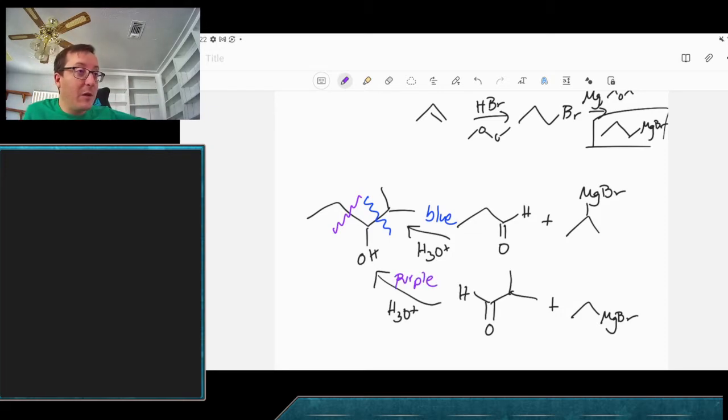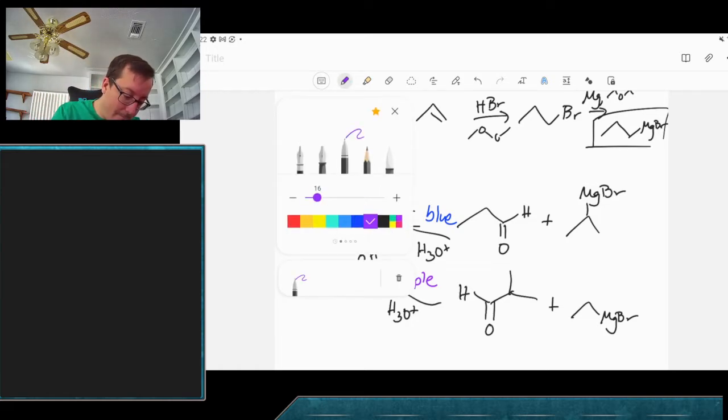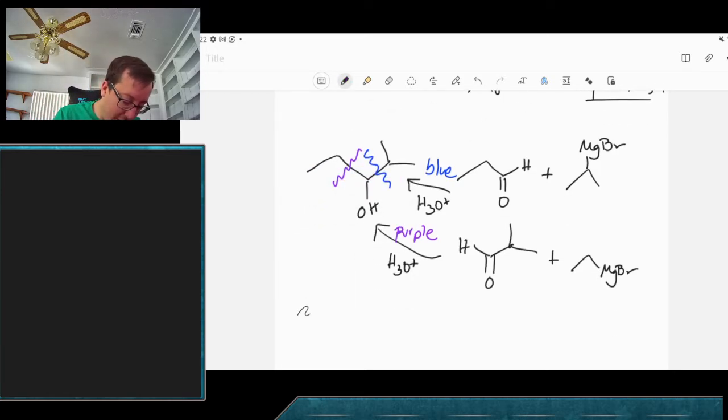If you're starting with this thing, then of course it would make sense to do the blue pathway, right? Because that's very similar to your aldehyde. The purple pathway would be a lot harder to do, starting with this alcohol. So it'd be a lot easier to use a different Grignard reagent.